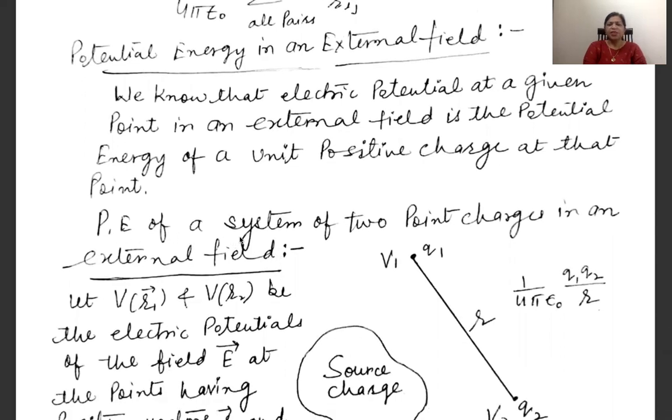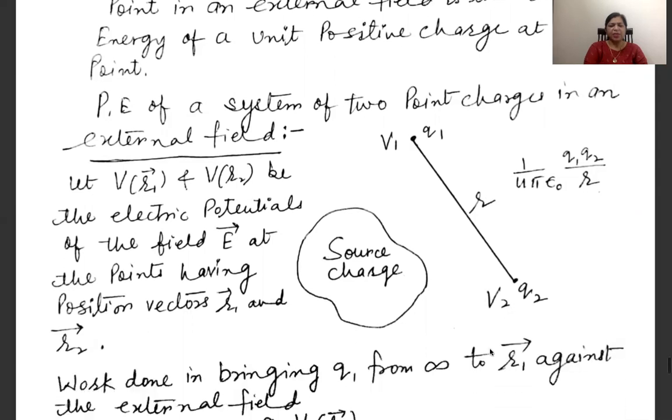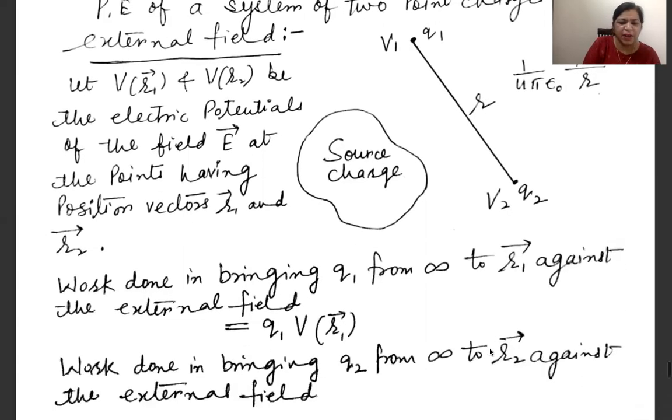So, the potential energy of a system of two point charges in an external field. You can see this is the source charge, and because of this source charge, here the potential is V1 and here the potential is V2. So Q1 has to be brought to this point, and Q2 to this point. Let the position vectors for these two points be R1 and R2.